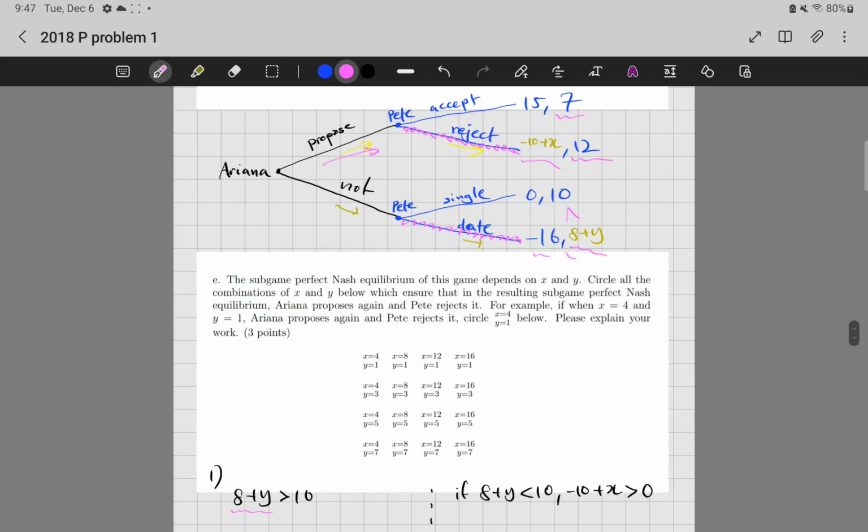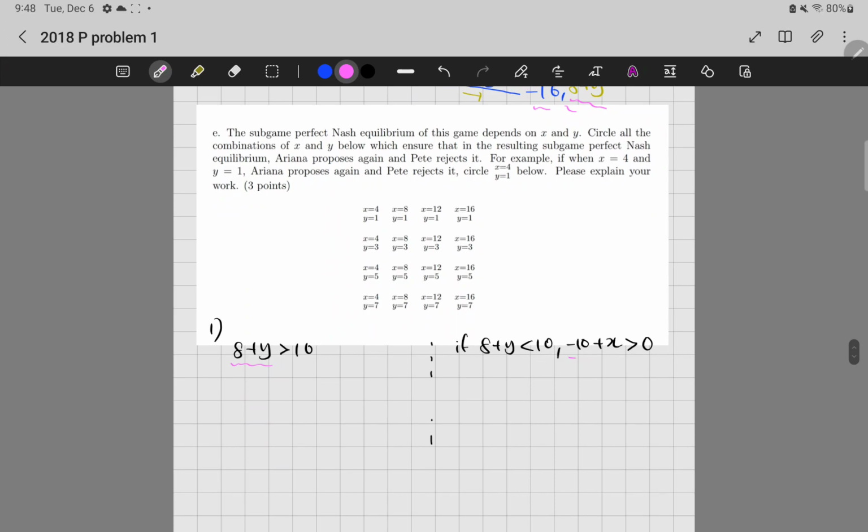However, if this does not happen and 8 plus y is less than 10, then Pete will most likely choose to be single, and for Ariana to still propose instead of not, her payoff negative 10 plus x should be greater than 0, giving us this scenario.